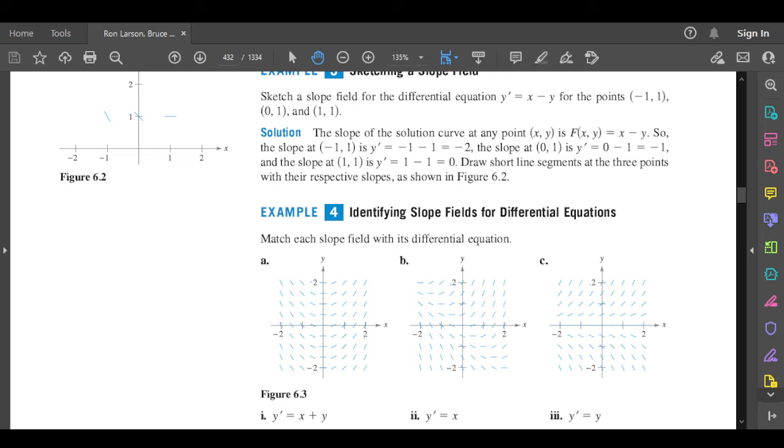this one. At y-axis, all of the slopes are 0. That means whatever your y, the slope is always equal to 0.